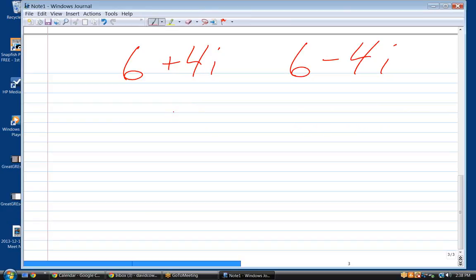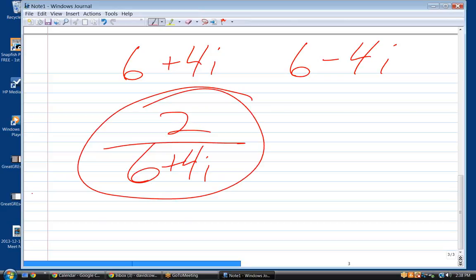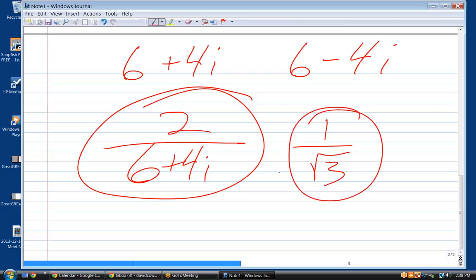Well, let's say I have a problem I want to solve. This has a similar problem as we have when we have irrational denominators. If I had an irrational denominator, that would not be a satisfactory answer to give. You do not want to give answers with irrational denominators.